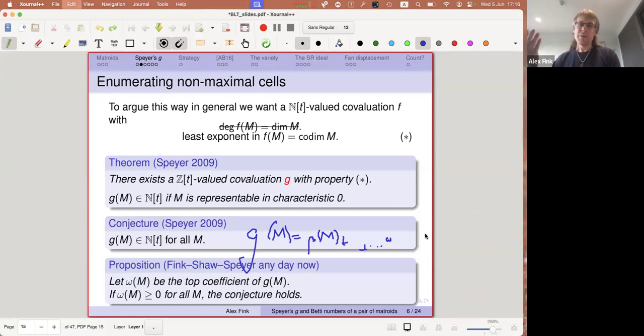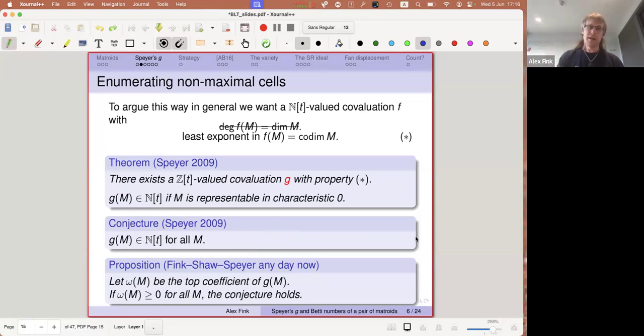Anyway, we reduce this conjecture to showing that if you can prove the top coefficient positive for all matroids, you can prove the whole conjecture for all matroids. This is via a localization style intersection theory computation. You look at the Bergman fan, the corresponding cohomology class in the permutohedral variety.